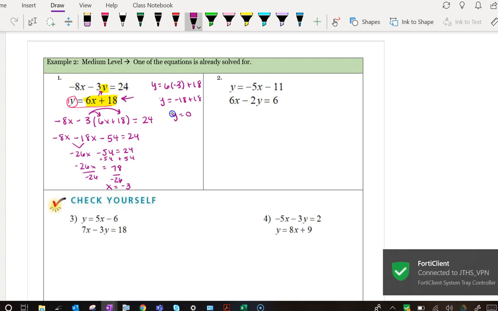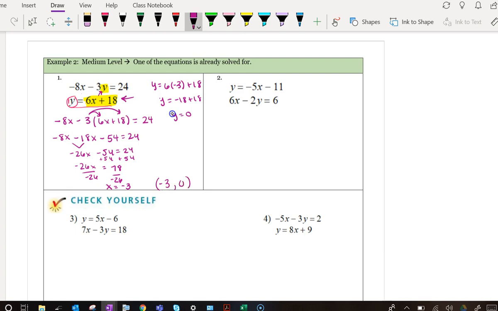Okay, so the solution should be negative 3, 0. And if I check, negative 8 times negative 3 minus 3 times 0 should be 24. Well, that goes away because it's 0, and this is 24 equals 24, so that checks. So your solution is negative 3, 0.